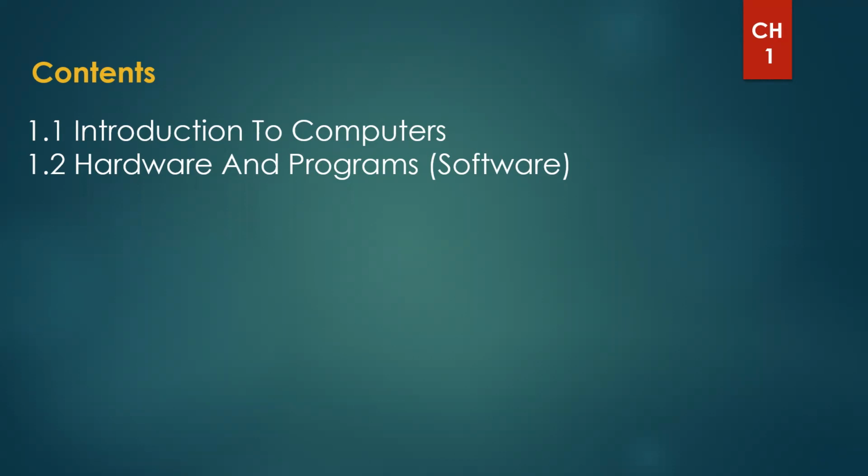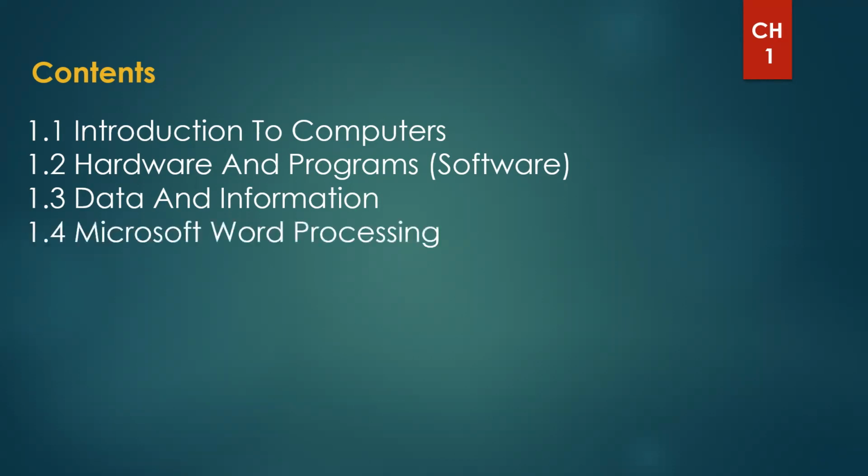After hardware and software, we're going to look at data and information. Under this topic, we're just going to discuss how data flows from the central processing unit to the monitor, to the keyboard, and to other parts of the computer.